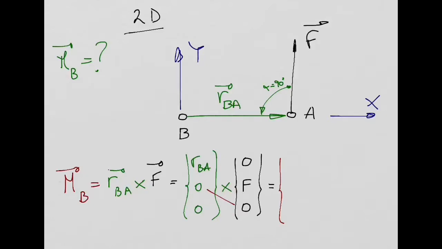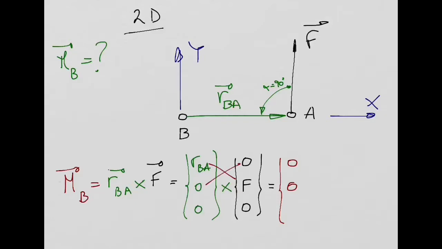Agree? So the x component of my moment is 0. For the y component, I multiply 0 with 0, which is 0, minus RBA with 0, which is also 0. So my y component is also 0, right? And for the z component, I have RBA times F minus 0 times 0.